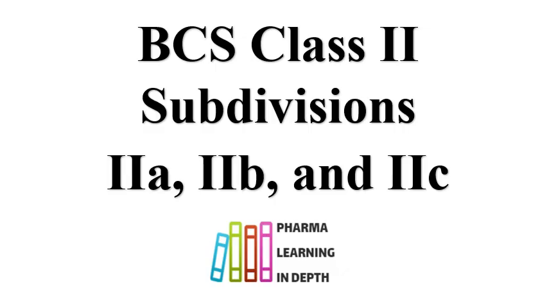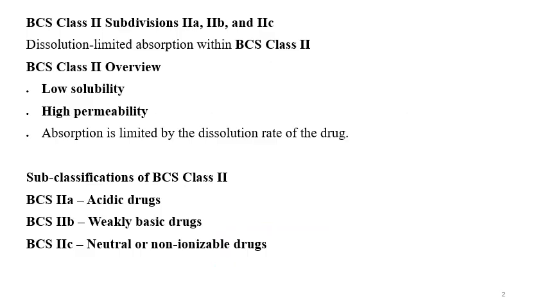BCS class 2 drugs are subdivided into 3 classes: BCS class 2A, 2B and 2C. This classification is done considering the acidic, basic or neutral nature of these drug molecules.